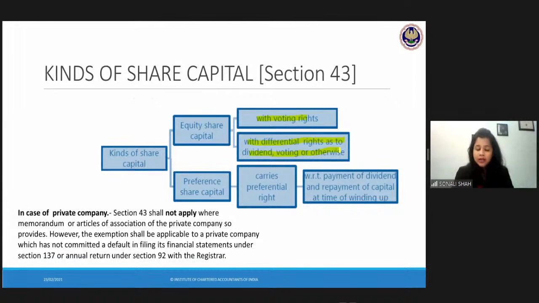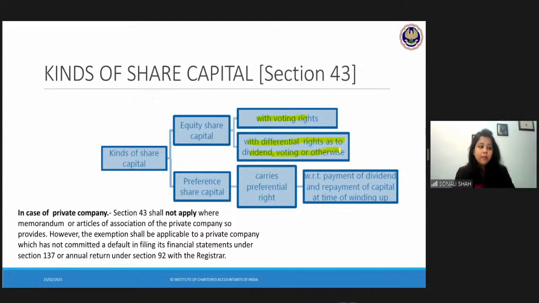So you need to understand that under equity share capital, every person who owns an equity share has a right to vote on every resolution of the company. On every kind of resolution, on every decision-making process, a person who has an equity share of the company has a right to vote, right?